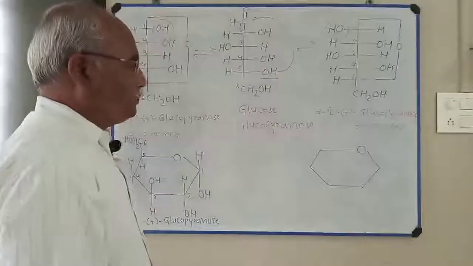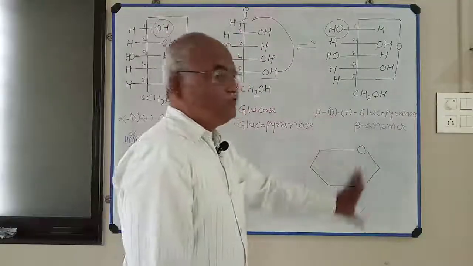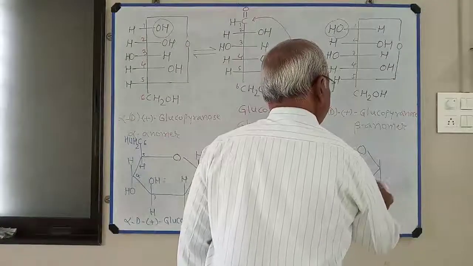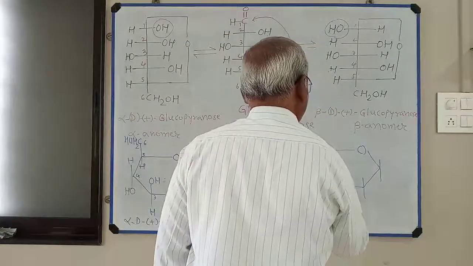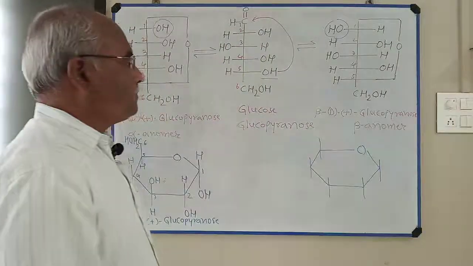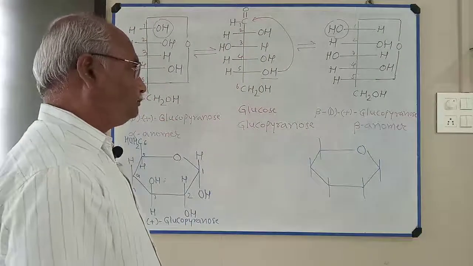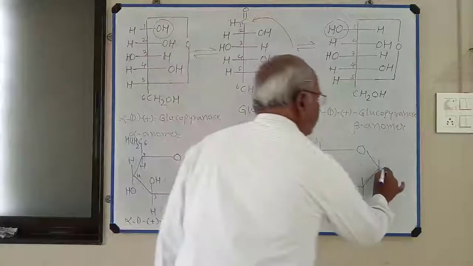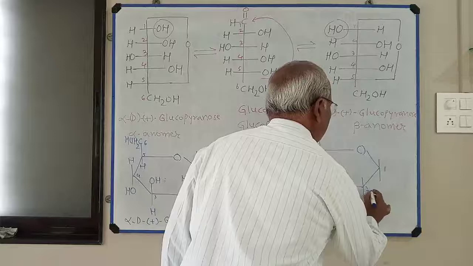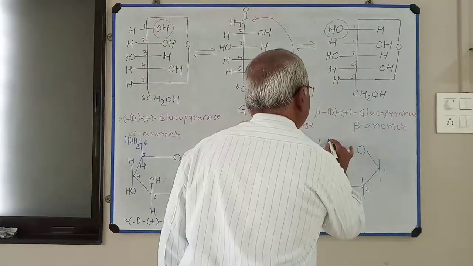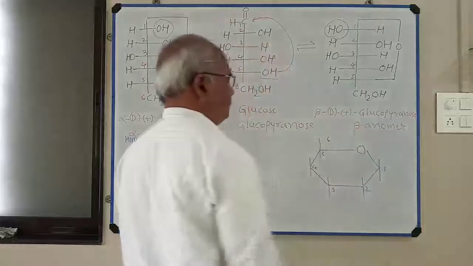6-membered ring, oxygen atom is present in the ring, bonds are represented like this. This is number 1, 2, 3, 4, 5 and 6.